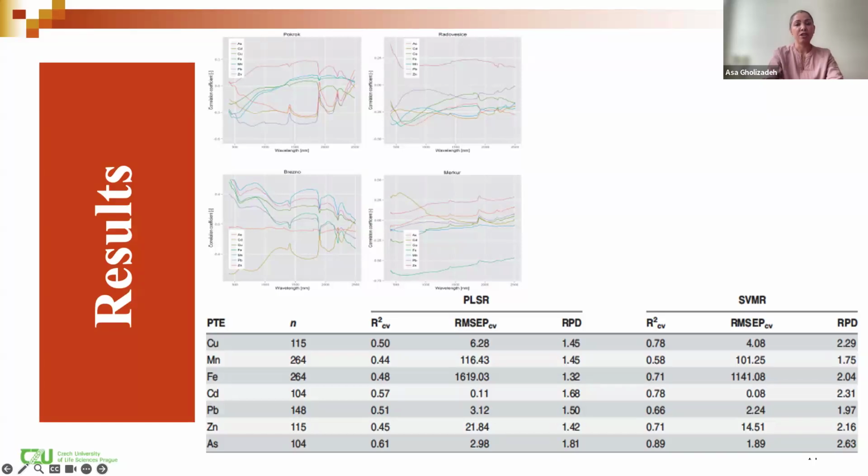The applied approaches provided good performance for the potentially toxic element models. You can see here that we had, for example, copper, magnesium, iron, cadmium, lead, zinc, and arsenic. We ran two machine learning models and finally modeled the PTEs. These approaches provided good performance for these PTEs, particularly the SVMR technique.